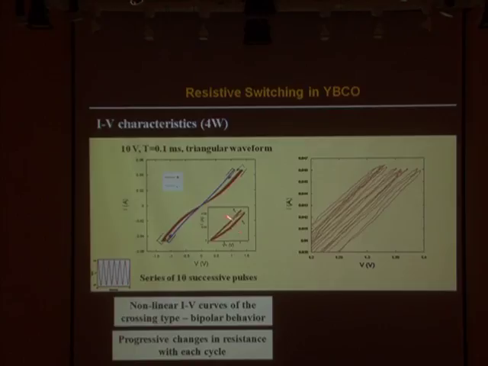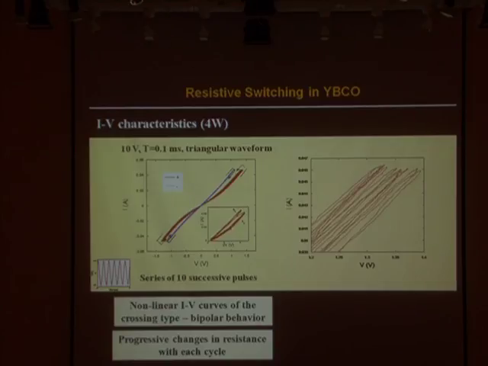So here I show you the IV characteristics applying a triangular waveform with a period of 0.1 millisecond, this type of waveform. I'm showing here the IV characteristic of one of the contacts and the other contact, the two contacts involved in the pulses.